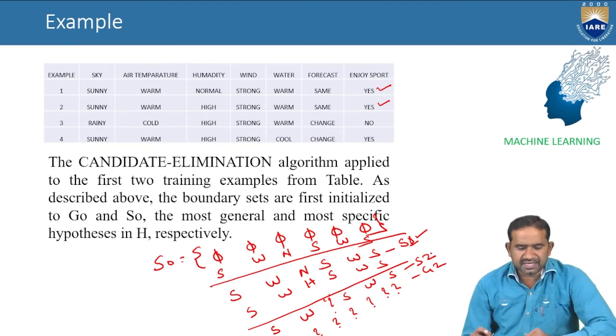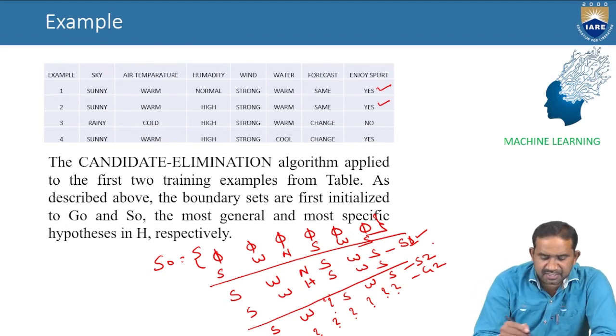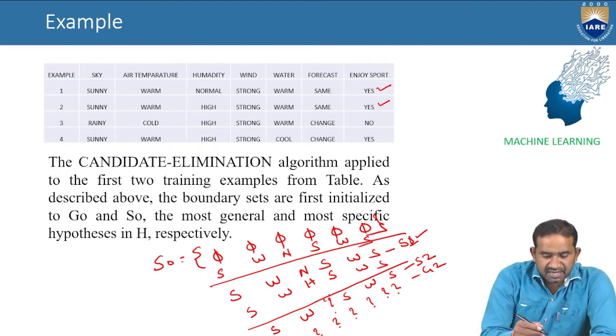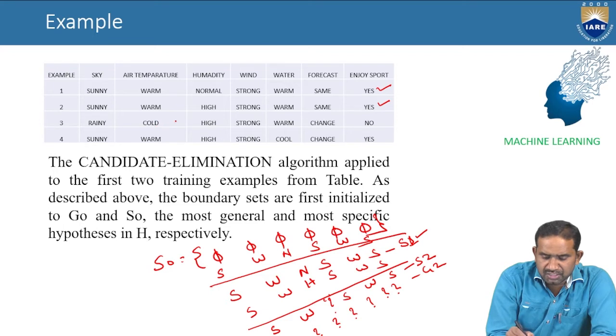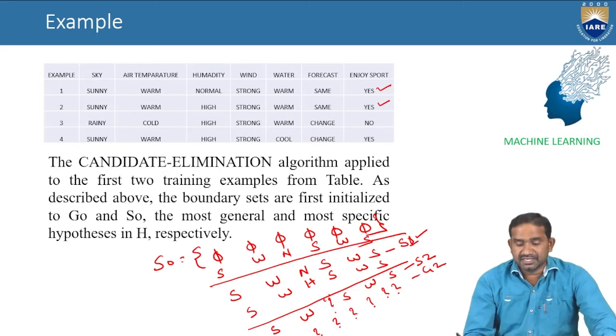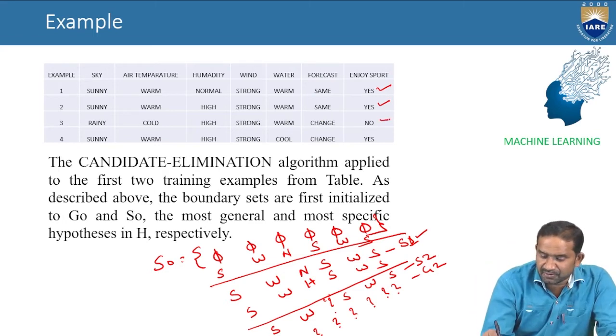Then we can check this S2 compared with the third training example, the third instance: rainy, cold, high, strong, warm, change. And the final output is negative, meaning it is a negative example.